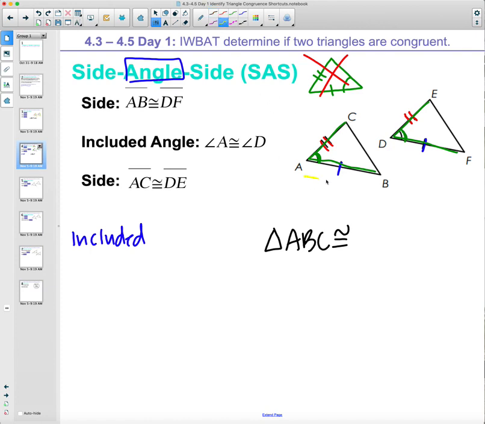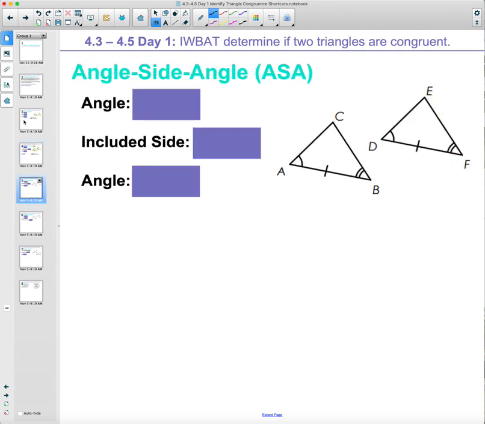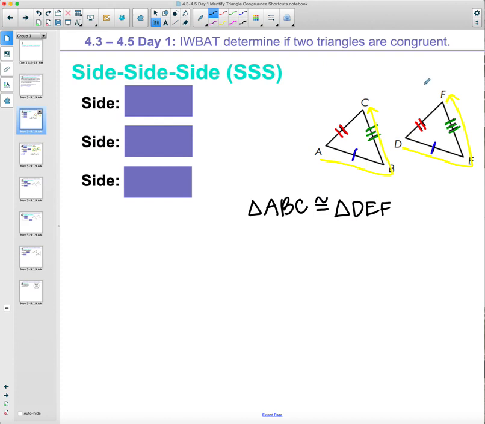So ABC, so we went on the side with 1 mark to no marks to 2. So I'm going to go 1 to none to 2 to follow the order for the letters. So triangle DFE, oh, no, okay, EF.